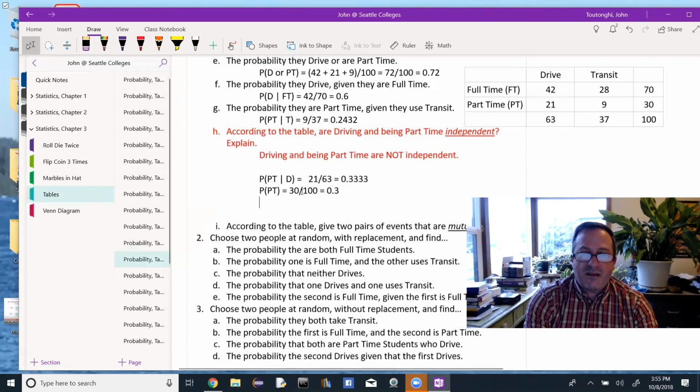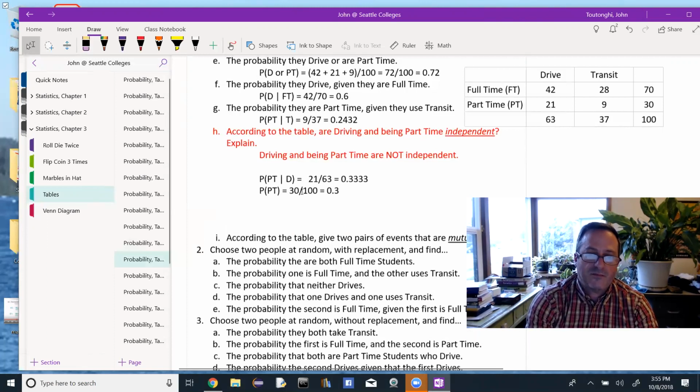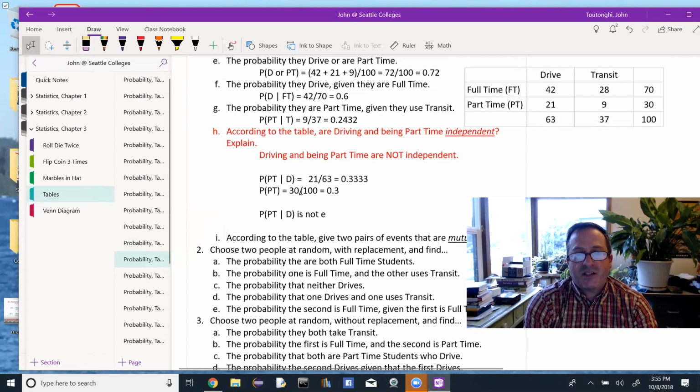So because these things are not equal, we know that these two events are not independent.